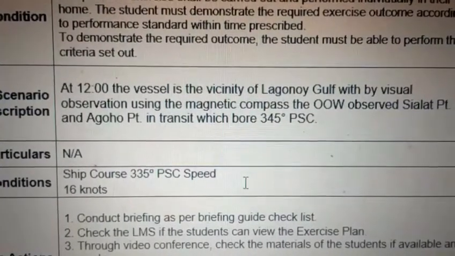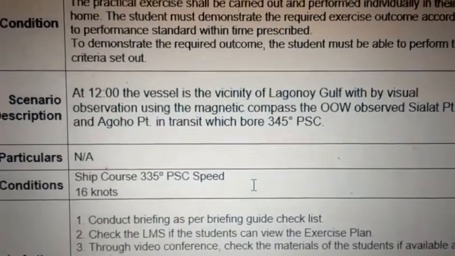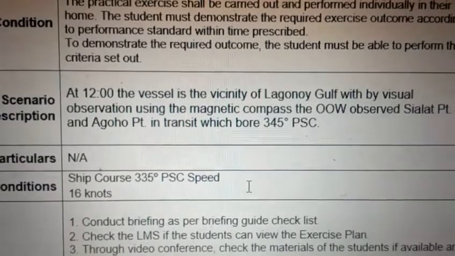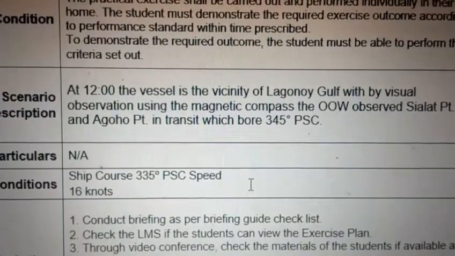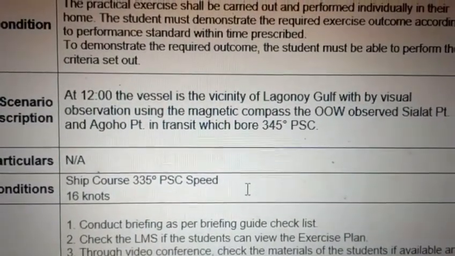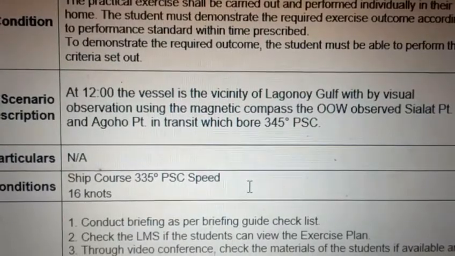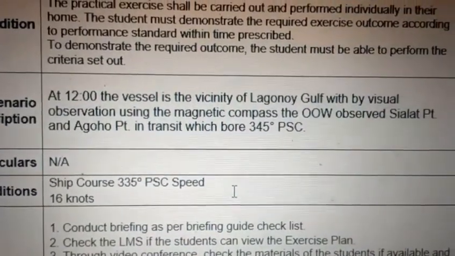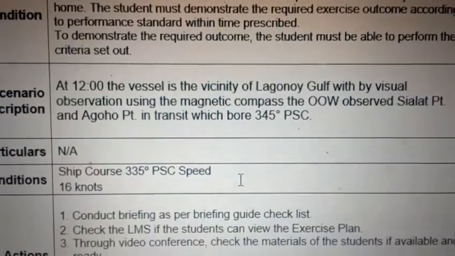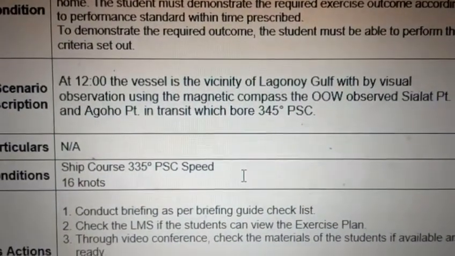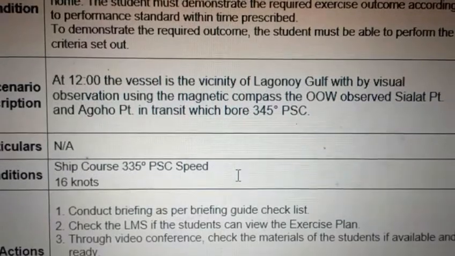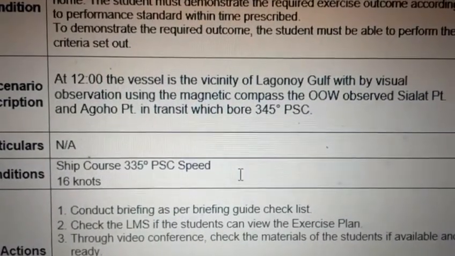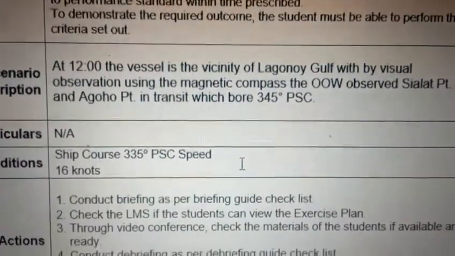So in this activity, we are given the scenario description. At 1200s, the vessel is in the vicinity of Lagonoy Gulf. By visual observation using the magnetic compass, the OW observed Sialat Point and Agoho Point in transit, which bore 345 degrees per standard compass.